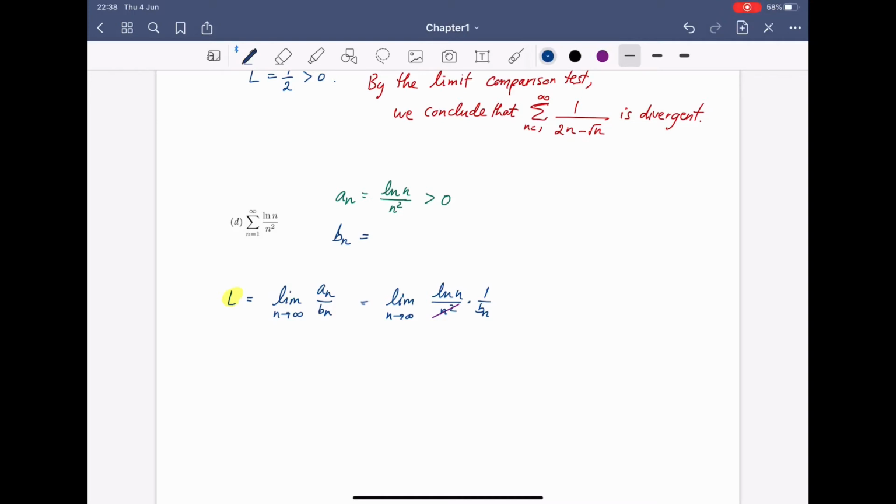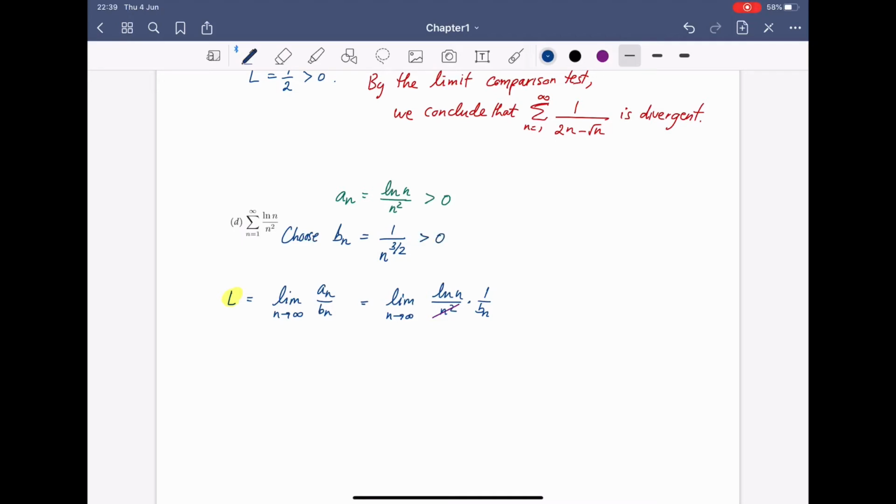So what we are going to do is pick your b_n to be 1 over n to the 3 over 2. It is amazing that the numbers are going to cancel perfectly, so you get something good at the end. Alright, so we're going to choose b_n to be this thing, which is greater than 0 for sure.